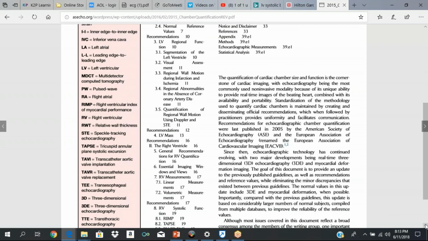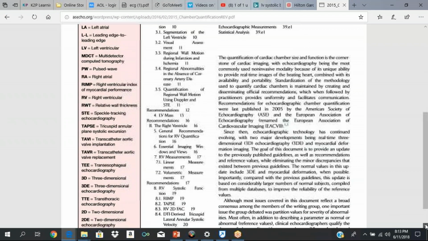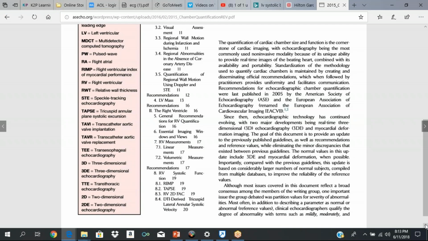So let me just read this, probably two paragraphs here. The quantification of cardiac chamber size and function is the cornerstone of cardiac imaging. So you have to know how to quantify what you're doing.